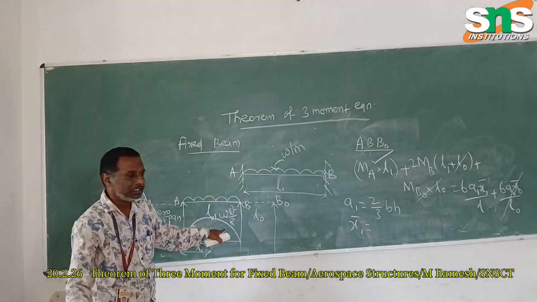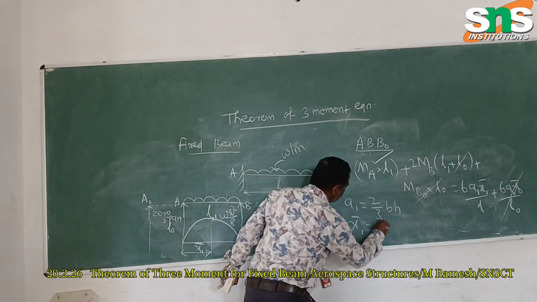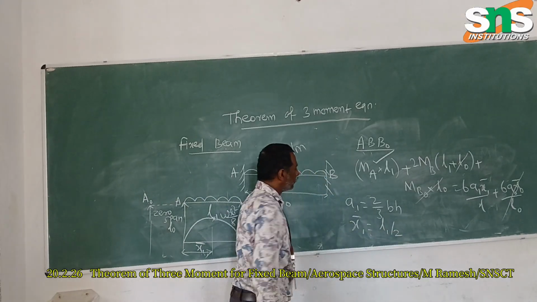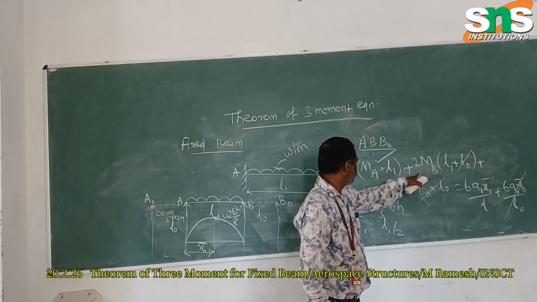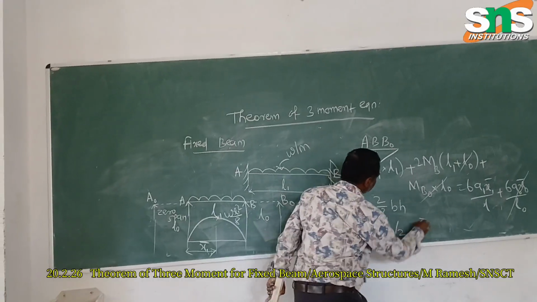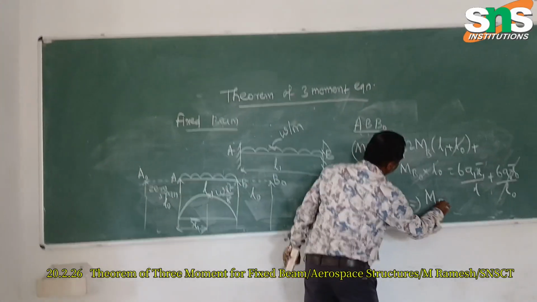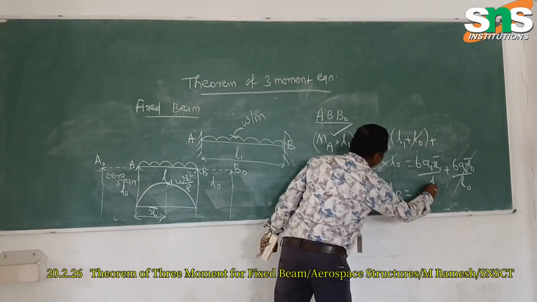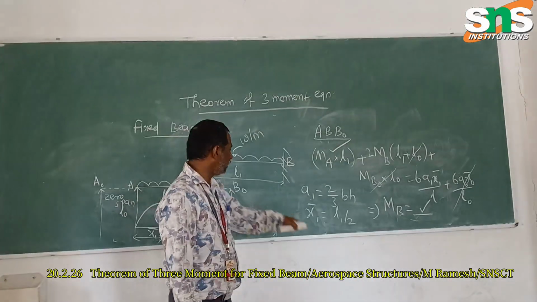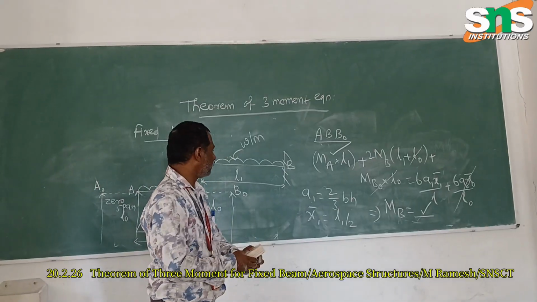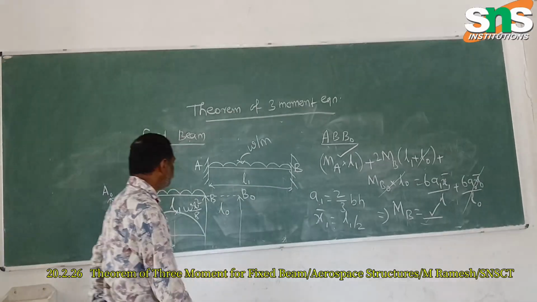Since it is symmetrical, this X1 bar is equal to L1 by 2 only. So after applying the values here, you can get the value of MB. Okay, so from this we can find MB. After finding this value MB, you can go for finding the support reactions.